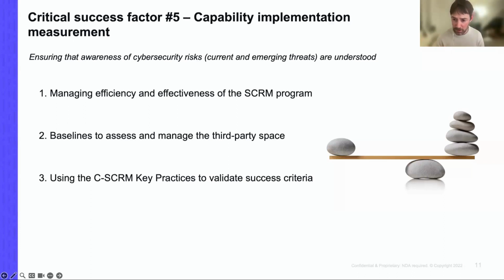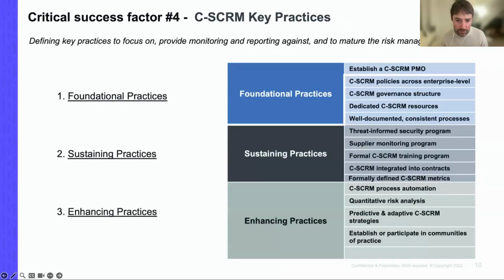Or can we start to build processes to measure the volume of, say, critical risks that we're dealing with, and consistency in terms of trends and trends analysis based on the type of risks we're encountering, particularly when we get to the stage when we're assessing individual vendors against, say, a known framework like 853? And then finally, using those key practices that we've identified to start to build further success criteria.